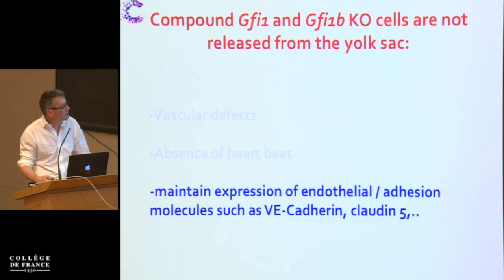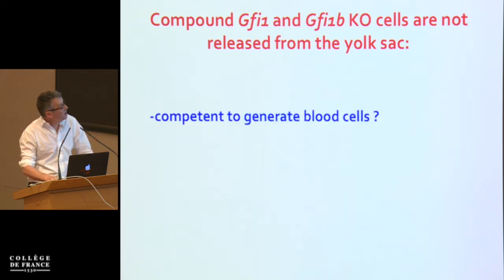So the last possibility is that these cells are not liberated into the circulation because they maintain endothelial molecules. A lot of these endothelial markers are cell adhesion molecules, so endothelial cells need to be really stuck together. And perhaps because we don't downregulate these markers, these cells cannot migrate.